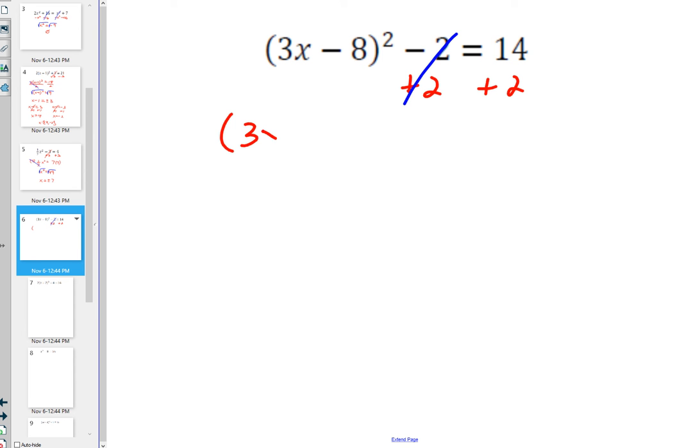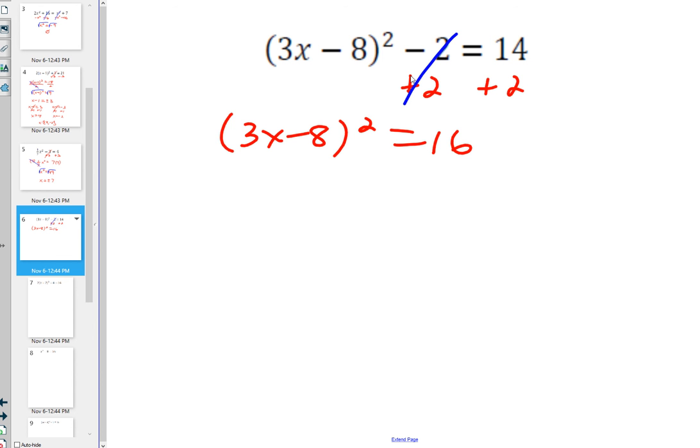So we get 3x minus 8, given the parentheses, squared is equal to 16. I told you that the square usually comes last, except when there is a parentheses. If you're doing SADMAP, the E is going to come at the end unless there's a P. Since that 3 and that 8 are snuggled inside that parentheses with the x, I got to get rid of the square now.